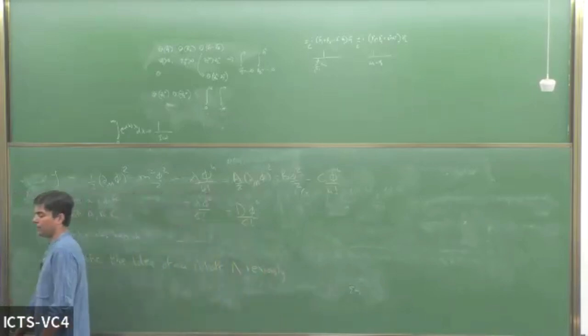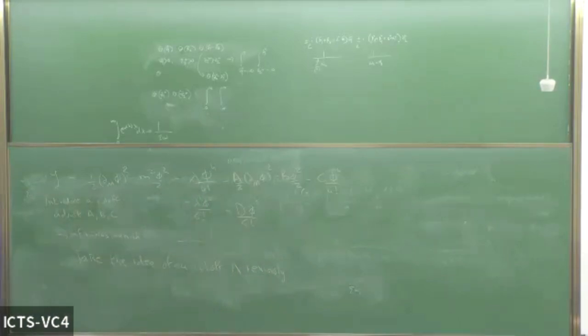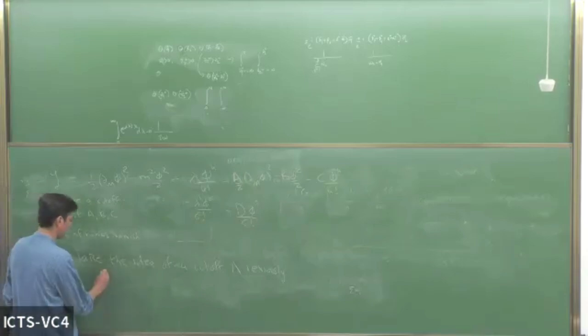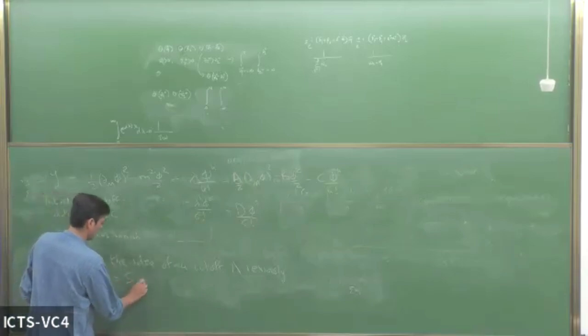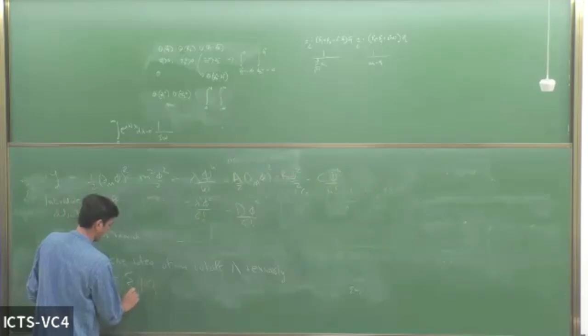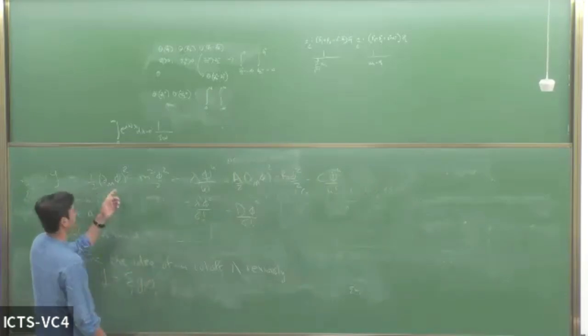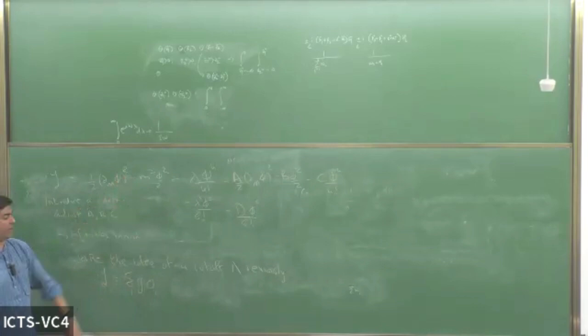If we take seriously the idea that there's a cutoff, then there are no infinities. Now you can write down some Lagrangian which just looks like this. These are some operators, some general form for writing operators of this kind, and by construction, in the presence of a cutoff, there are no infinities.